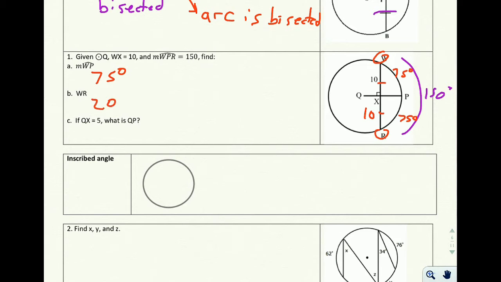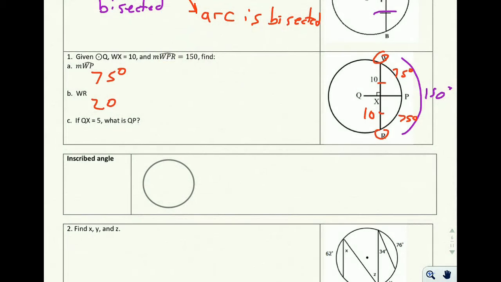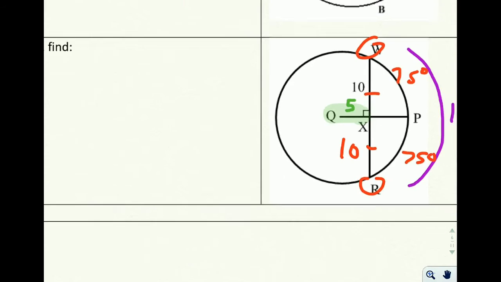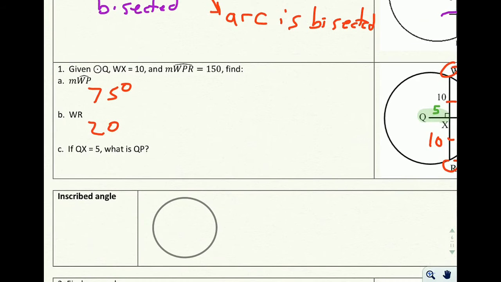And then we're told if QX is 5, what is QP? QX here is just this short little piece. And we're told that that is equal to 5. And it wants to know what is the whole length of QP.